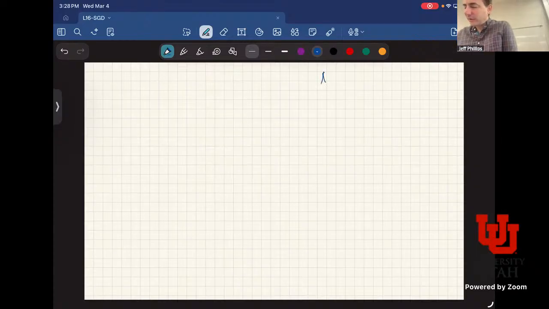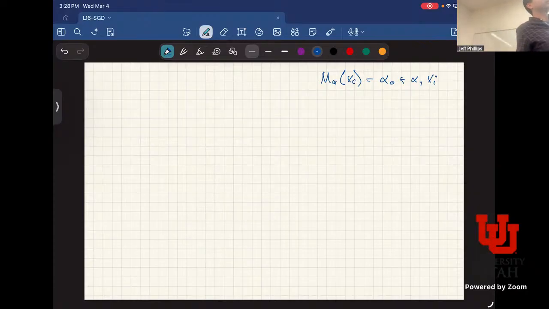Let's look at the example of M alpha of xi, which is just going to be alpha 0 plus alpha 1 xi. Now we're in the case where it's a linear function, a polynomial of degree 1.